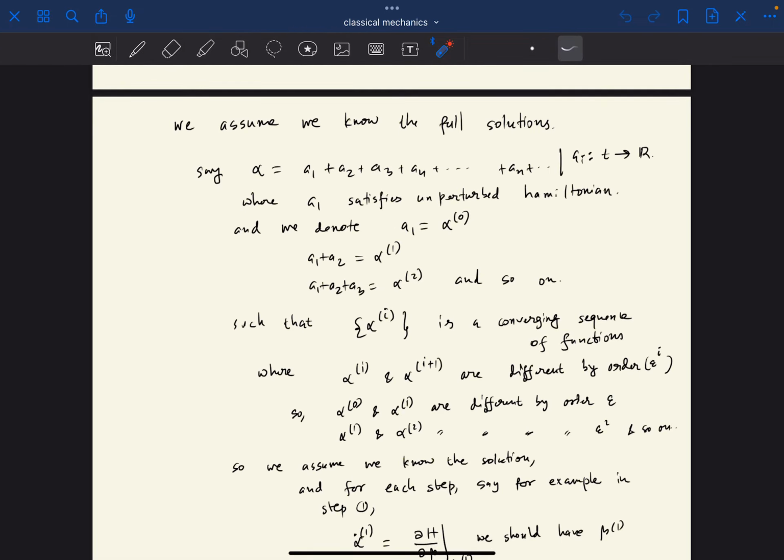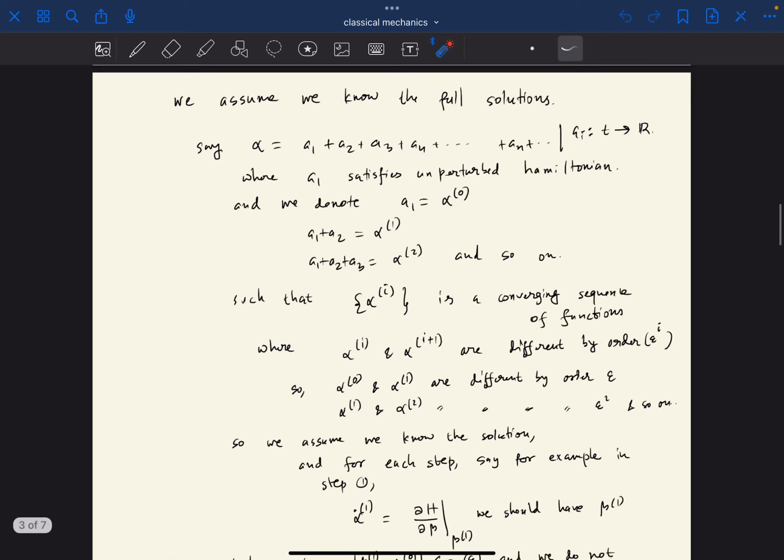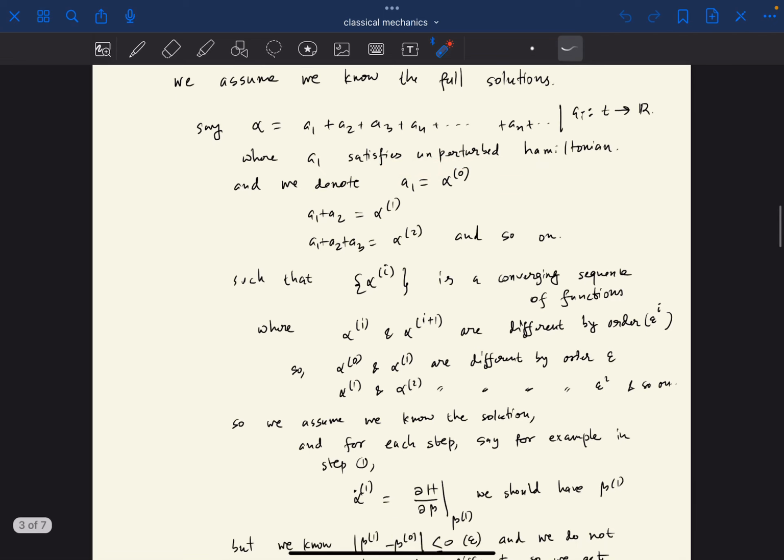So first we assume that we know the full solutions. Say the alpha can be written as alpha 1 plus alpha 2 plus alpha 3 and so on, where each alpha i is a real function of time, and alpha 1 satisfies the unperturbed Hamiltonian.